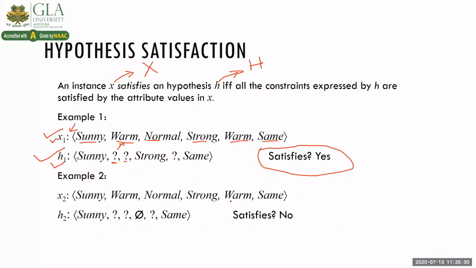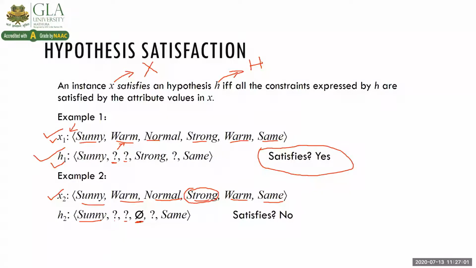Another example, x2. There is another instance x2 in which we have sunny, warm, normal, strong, warm, same, but our hypothesis is what? Sunny, question mark, so it will satisfy anything. Normal, question mark, it will satisfy anything, but here it is strong, but our hypothesis says that it should be null.